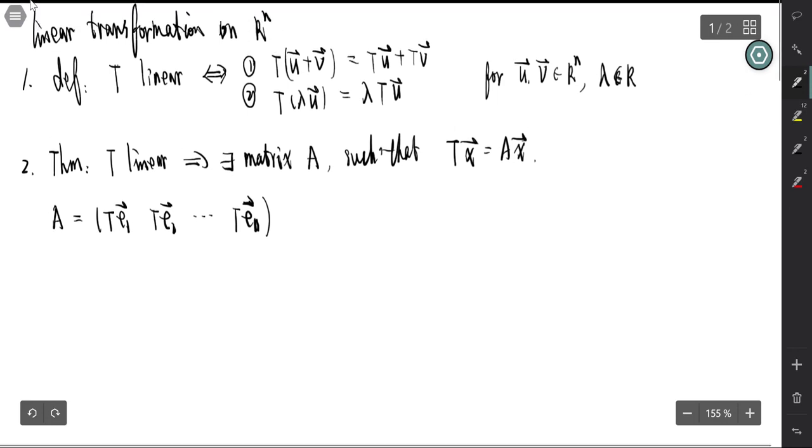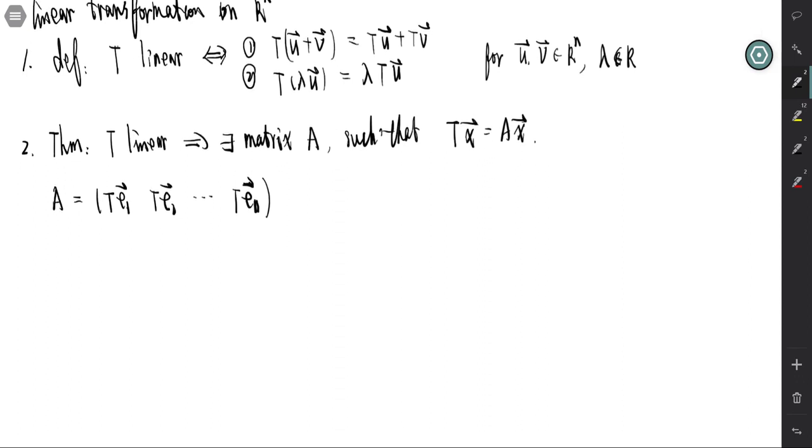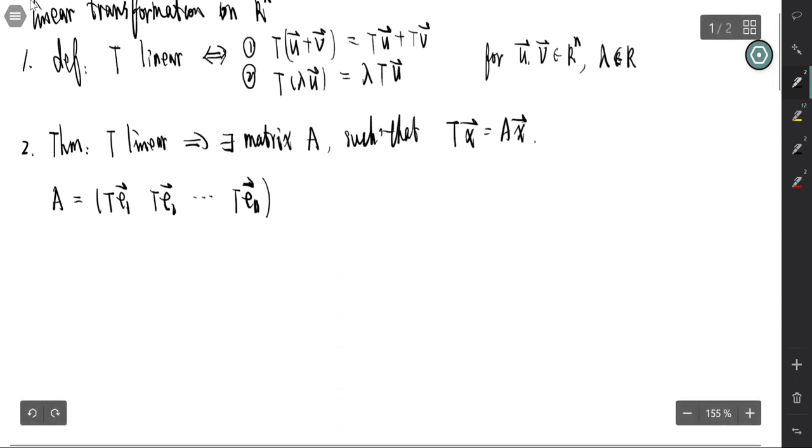Okay, let's use these two materials to do some examples. The first example is to determine whether the transformation T is linear or not.